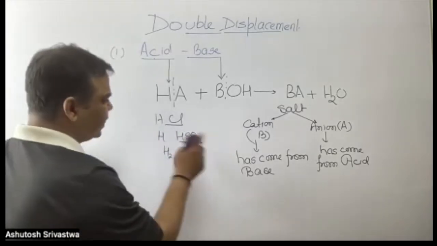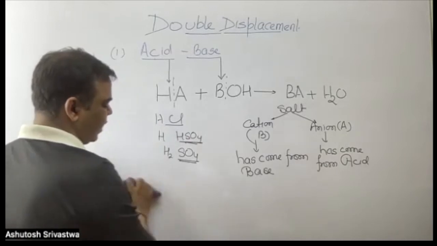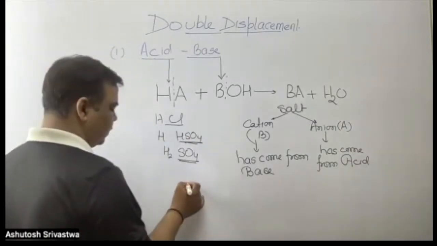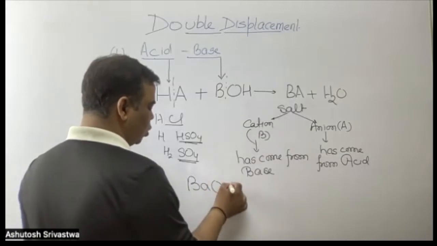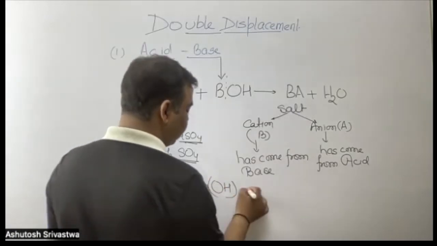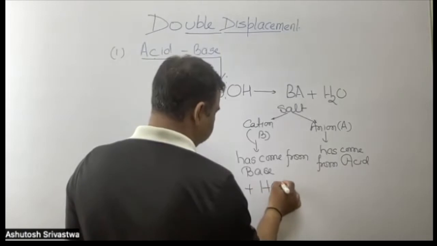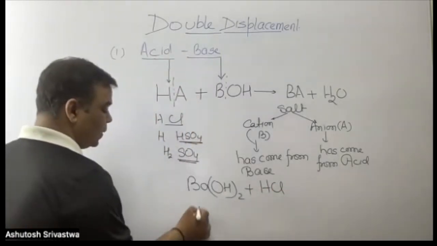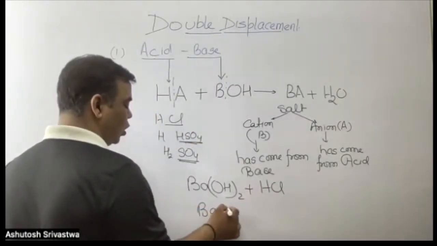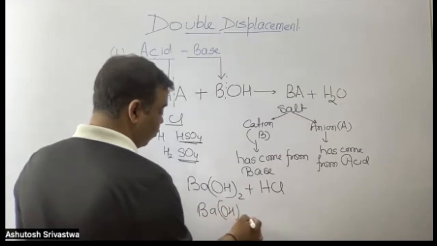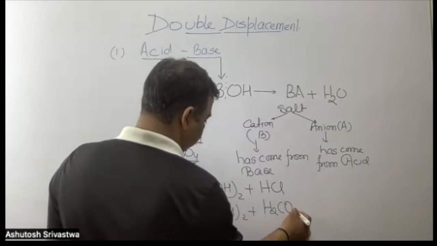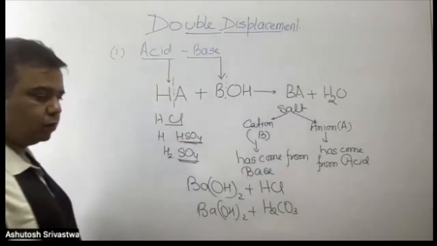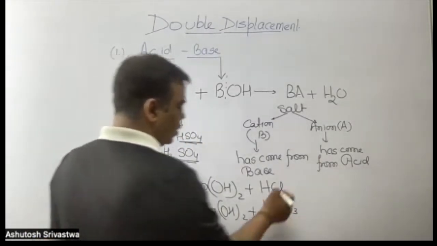First of all, let us take some examples and then we will try to understand. Example: Ba(OH)2 plus HCl, and Ba(OH)2 plus H2CO3. Write the product.